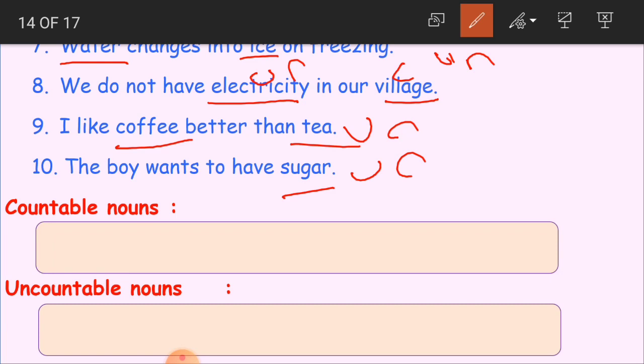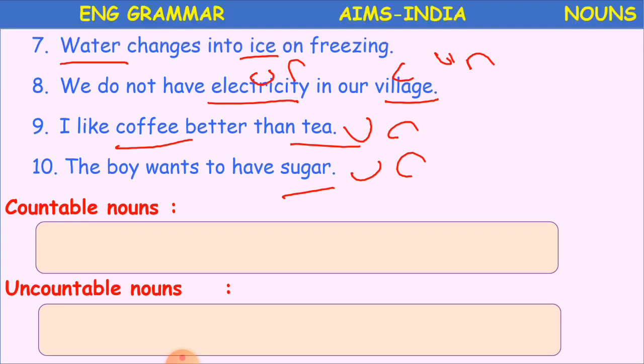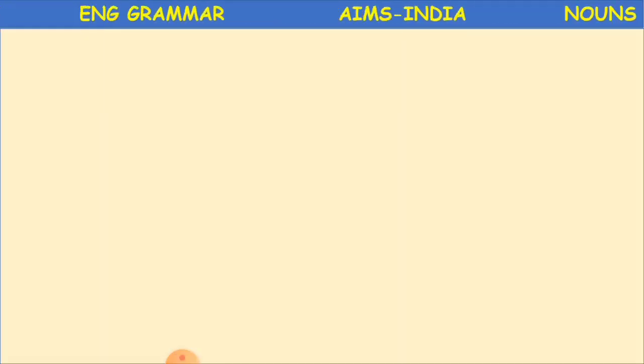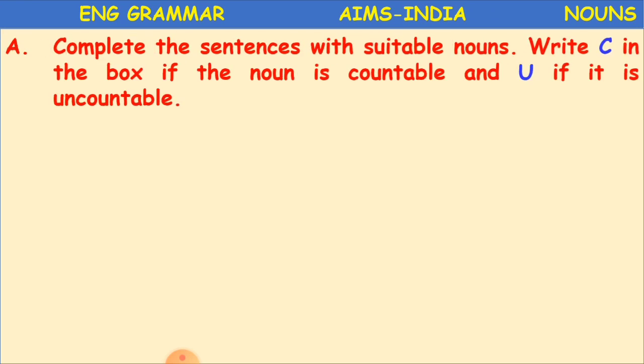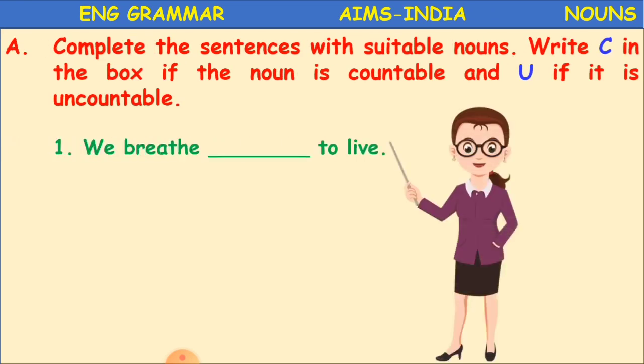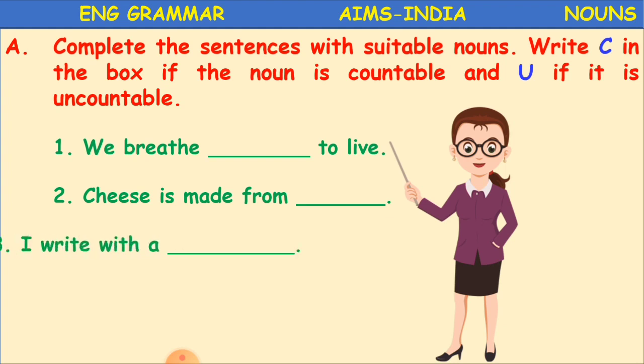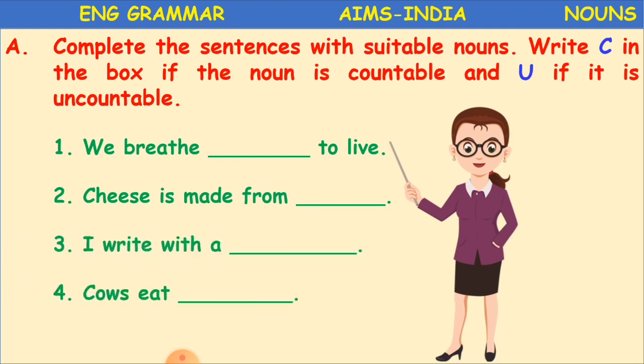Okay, clear? I am asking you to do some exercises as homework. I am not going to make the answers for you here. Just take a book and pencil and start doing these exercises. Complete the sentences with suitable nouns. Write C in the box if the noun is countable and U if it is uncountable.